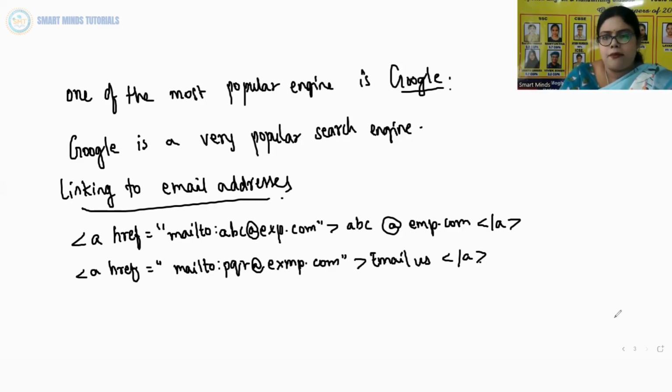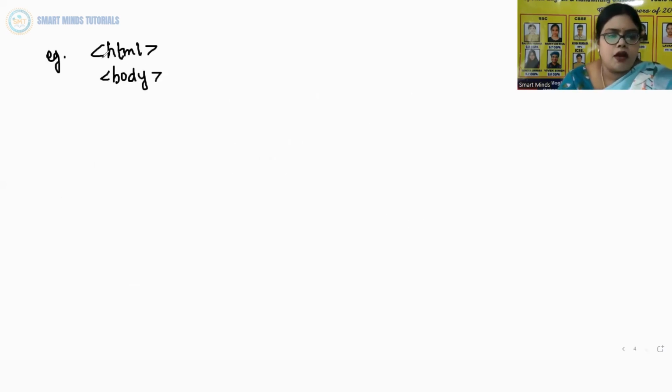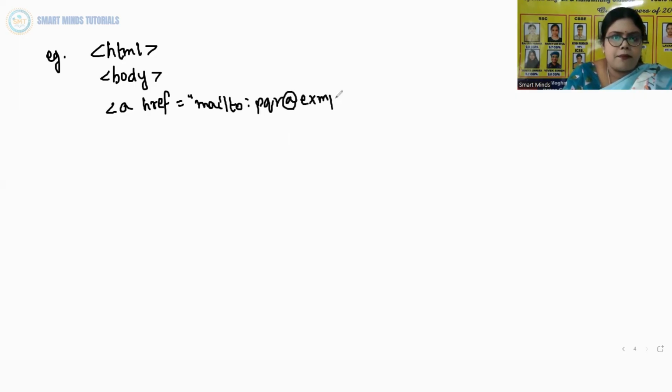So let us take an example by using a program. Let's see how to link to an email address. So HTML tag, then body tag, href equals mailto colon pqr at the rate exmp.com, close the tag, email us, /a.